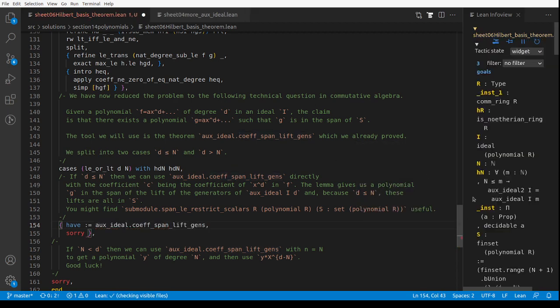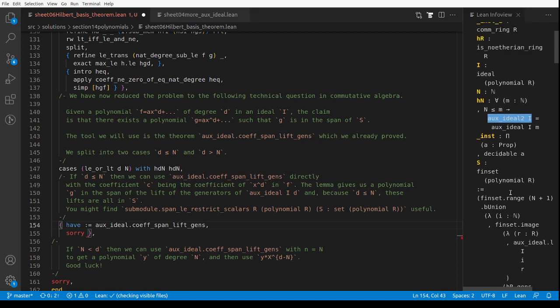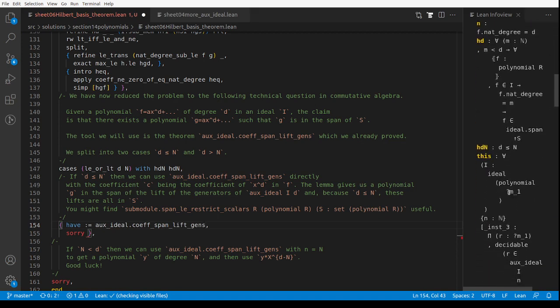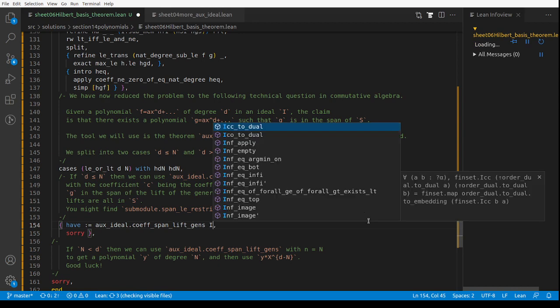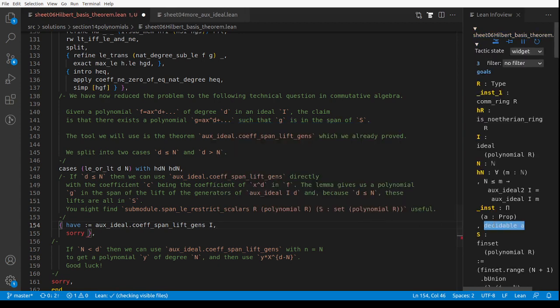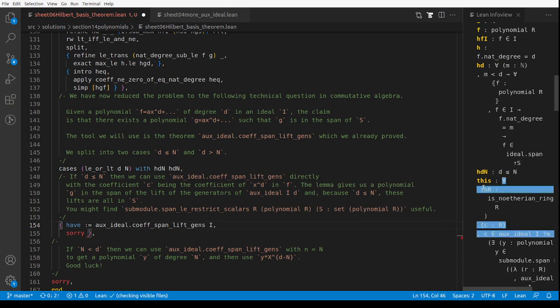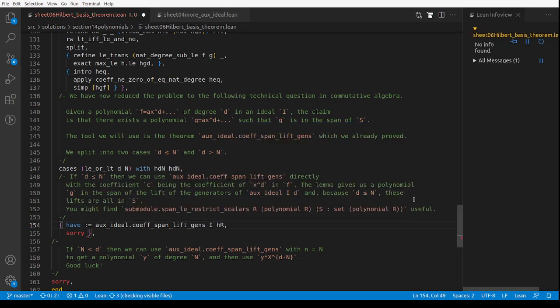Orcs ideal. So what does this thing need? It needs an ideal, which is going to be I, because that's the only thing it can possibly be. And then it needs a proof that something is Noetherian, which is HR.